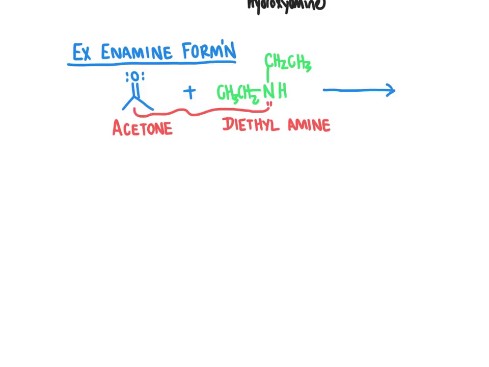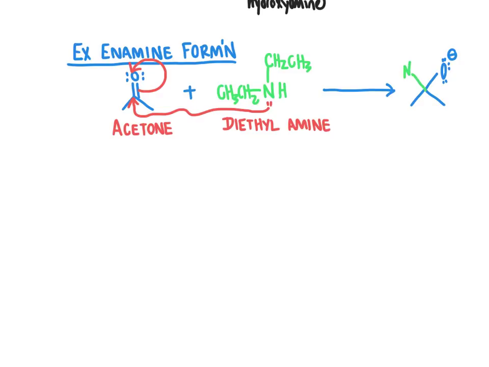We're going to come over here and attack our carbonyl carbon. So our nitrogen is acting as the nucleophile there, and we're going to form our intermediate here. This step should be looking very routine to you, because we've seen a nucleophile attacking the electrophilic carbonyl in nearly every reaction we've looked at related to aldehydes and ketones thus far.